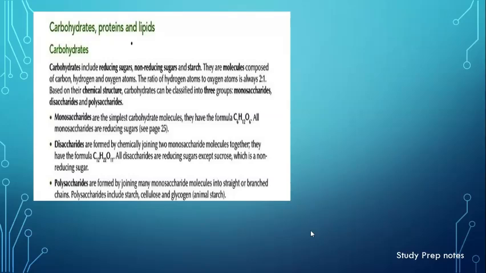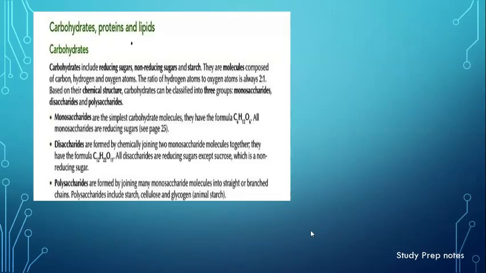All monosaccharides are reducing sugars. Disaccharides, di meaning two, are formed by chemically joining two monosaccharide molecules together. They have the formula C12H22O11. All disaccharides are reducing sugars except sucrose, which is a non-reducing sugar.